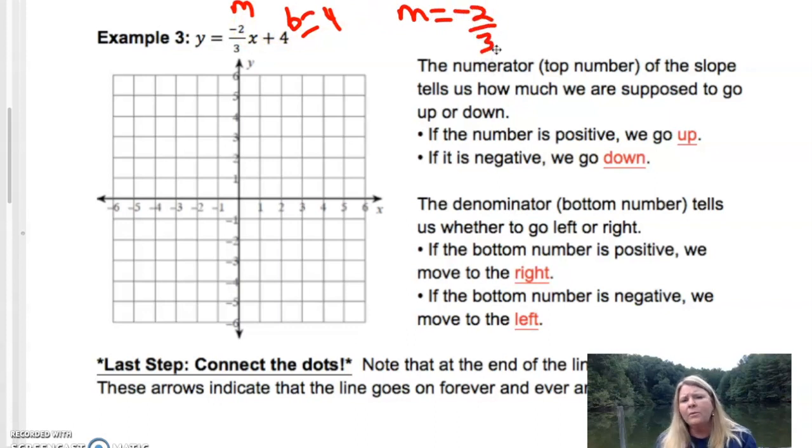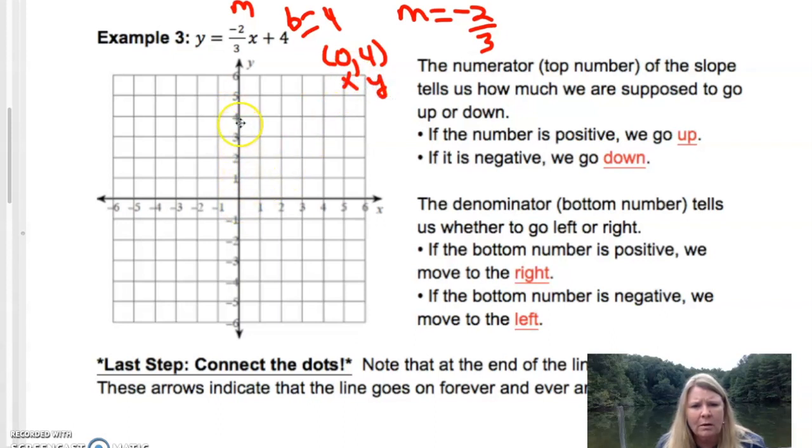So if you recall from example 2 in the last video, you have to start with the y-intercept. And the y-intercept on this problem is (0, 4), because remember, that is where it crosses the y-axis. The x value is 0, and the y value is 4.